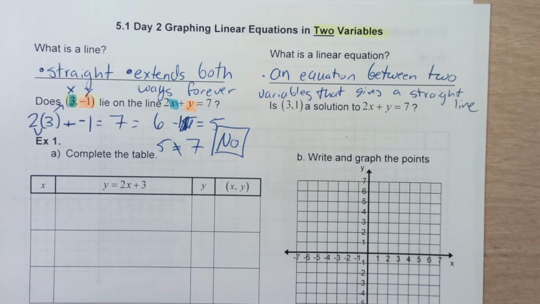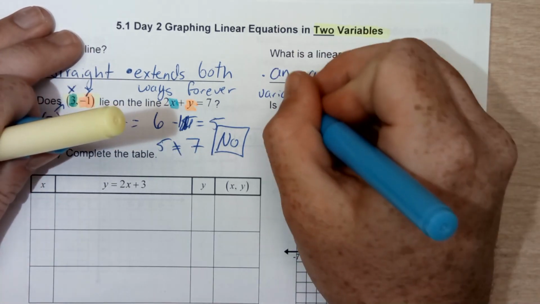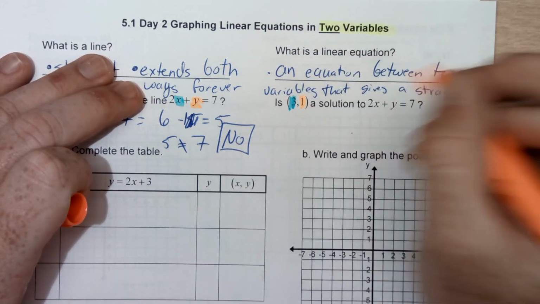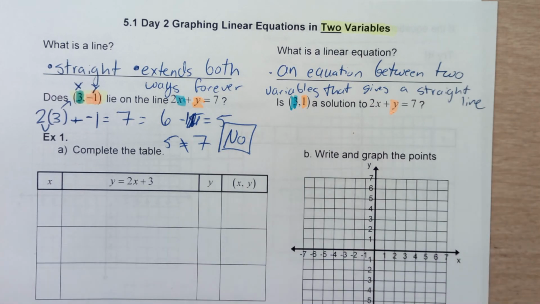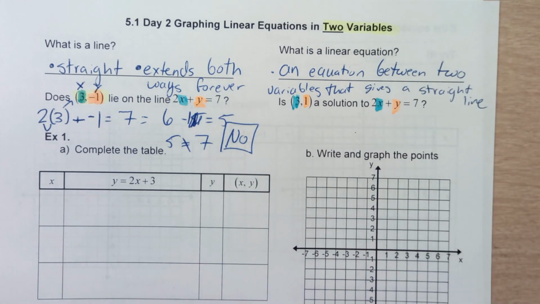Same with when it asks, is (3, 1) a solution? For something to be a solution, we need to be able to plug that point into that equation and make it true. Again, we have an x and a y, and I'm going to highlight accordingly. Now I'm going to plug in my numbers for x and y.